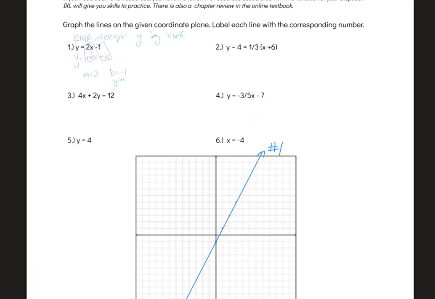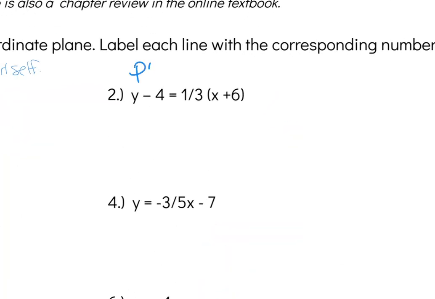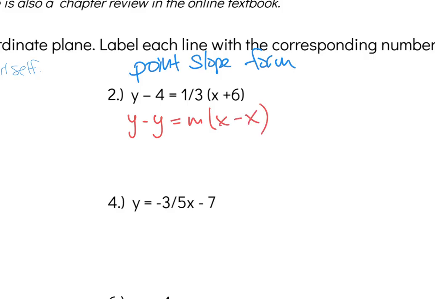Okay, number 2. This is in point slope form. What the heck is point slope form? It's this, where this and this are your point, and this is your slope.